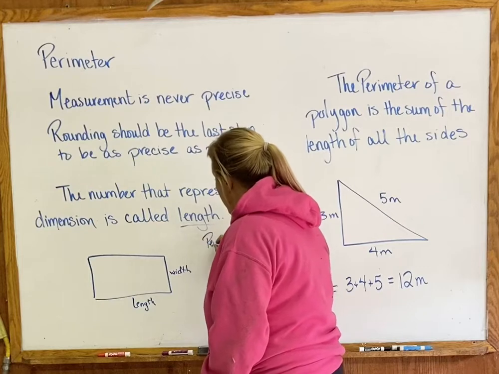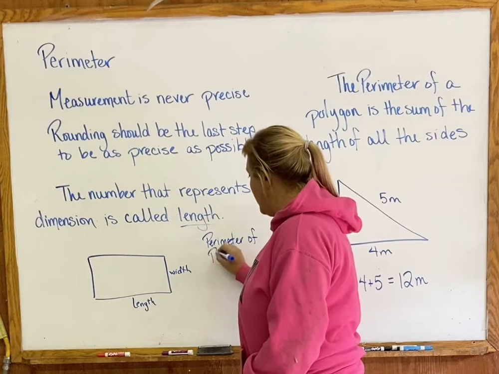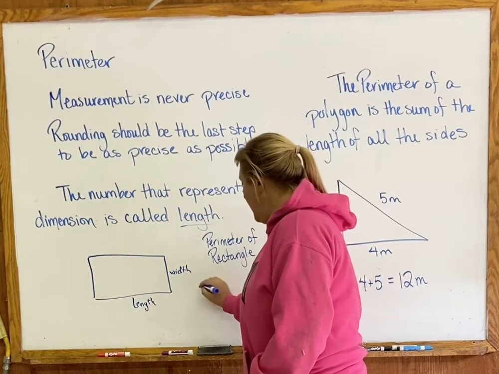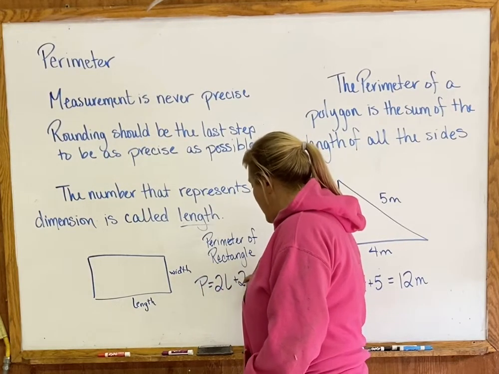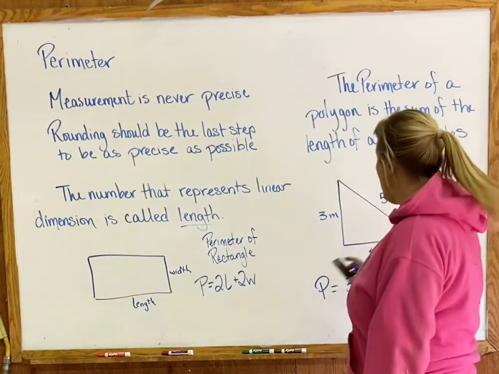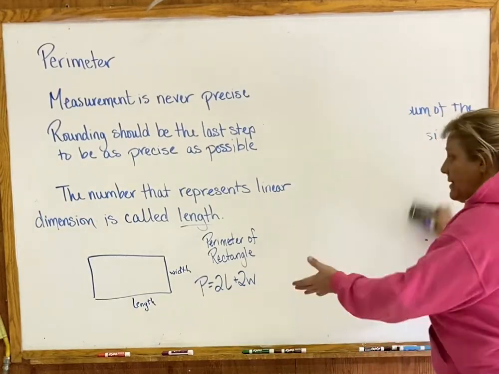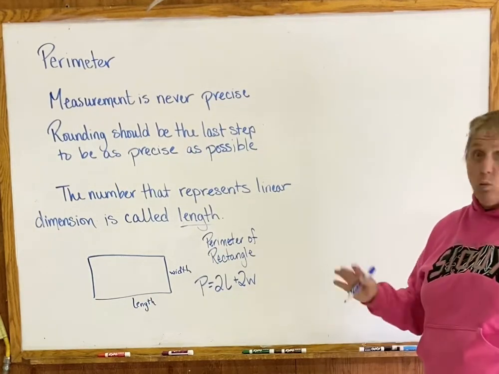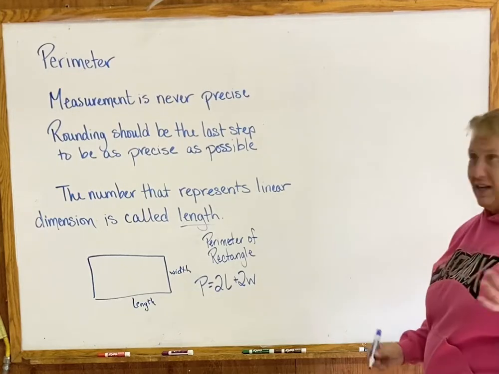Perimeter of a rectangle is P equals 2 lengths plus 2 widths. There are 2 lengths and there are 2 widths, so you're adding them all together. But again, as long as you know the measurements of the different sides, you don't need the formula. If you want to use the formula, have at it. If you just want to add the sides together, then that's fine as well.